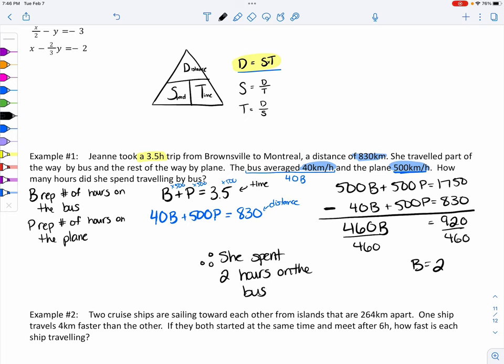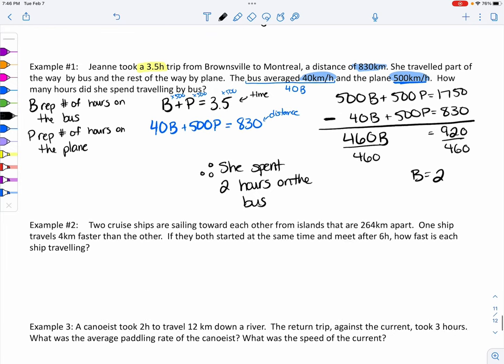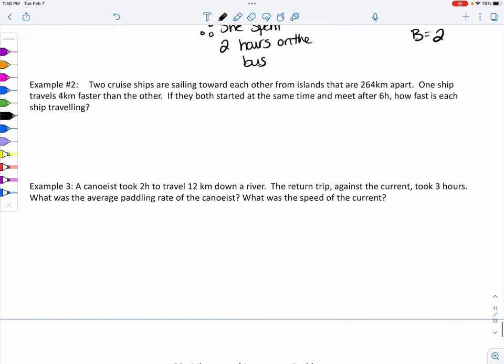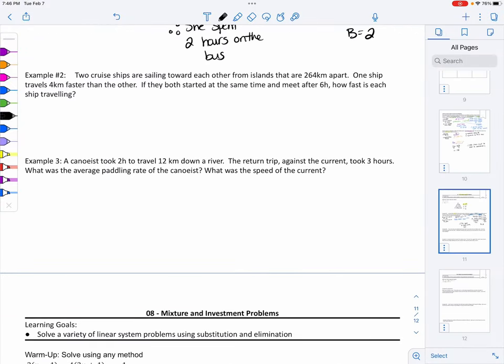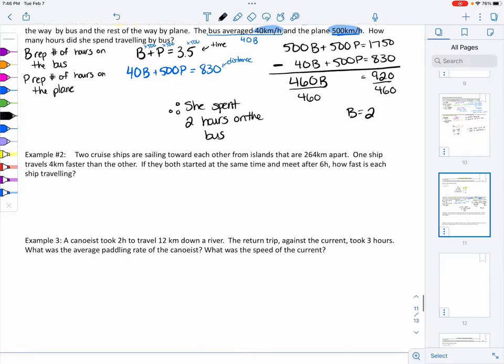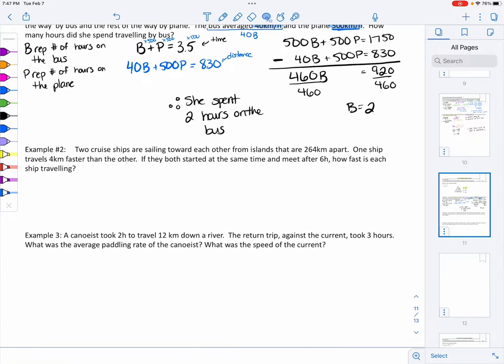Okay. So how I solved that one, I was able to come up with an equation for time and an equation for distance. We're not always going to be able to do that. And we'll see in example 2, I'm going to do something different. I don't have a lot of room, so I'm going to have to insert another page here. Okay. Sorry. So 2 cruise ships are sailing towards each other from islands that are 264 kilometers apart.